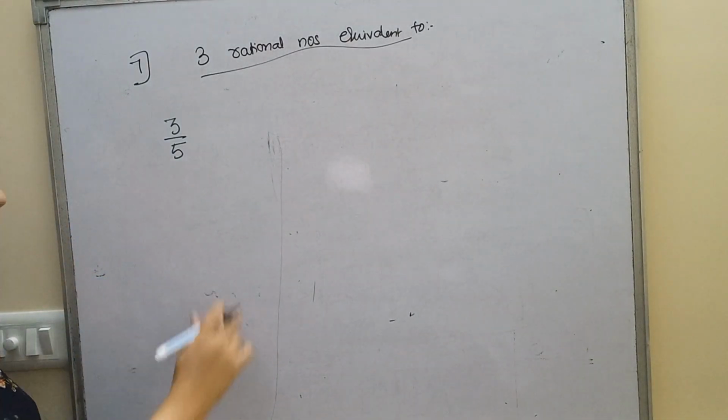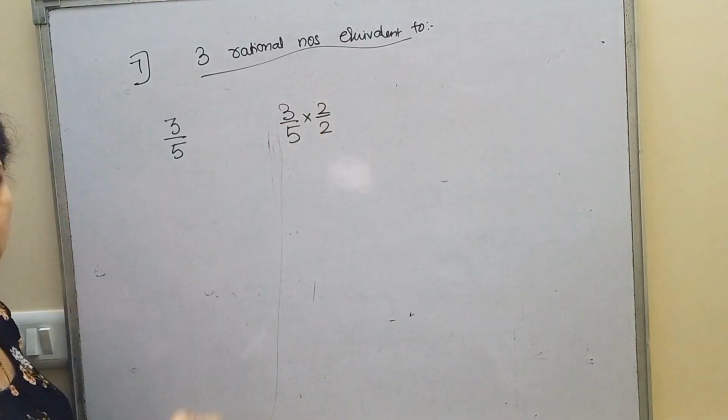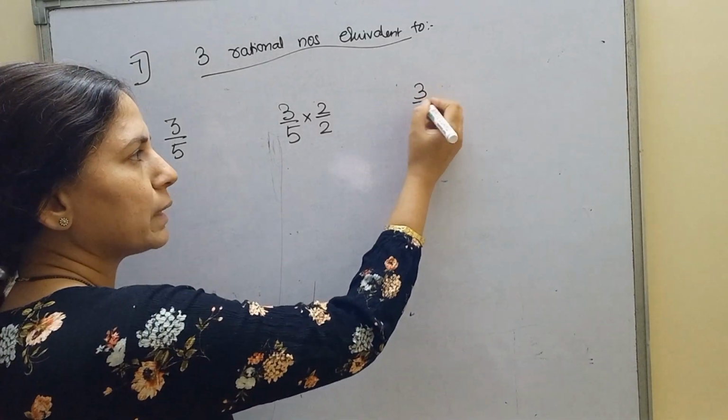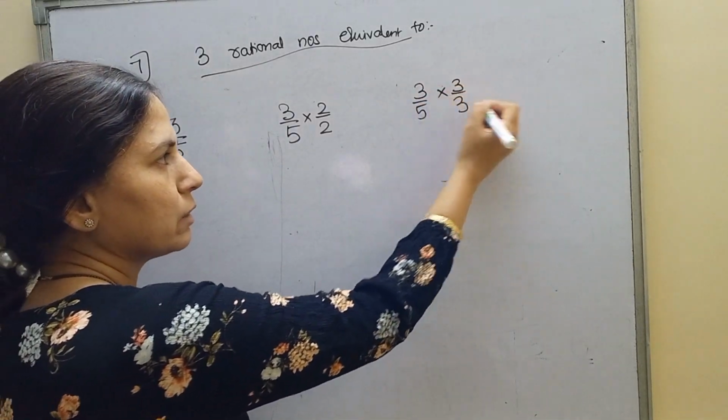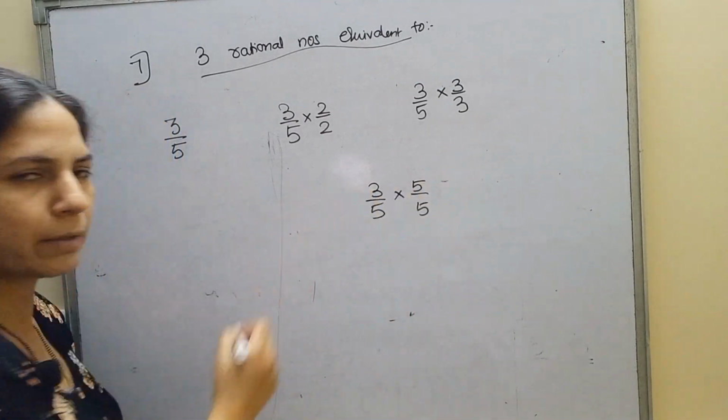So I will give you a trick. What you do, multiply this with a common number, both. Okay, I multiplied by 2 upon 2, then you can multiply it by 3 and 3. 3 numbers you want, na? Or you can multiply it by 5 upon 5.